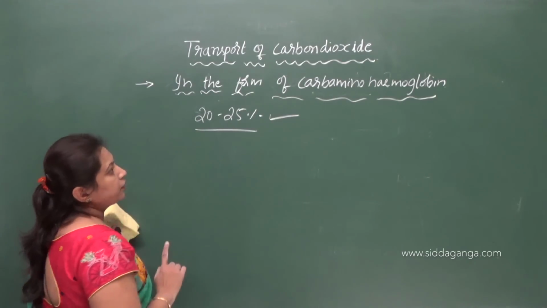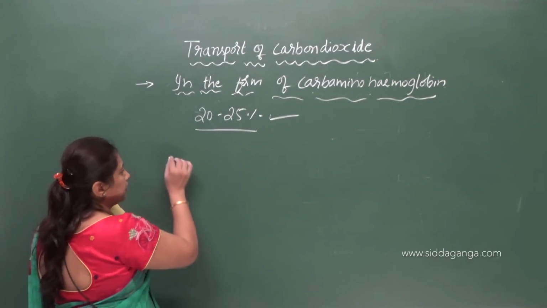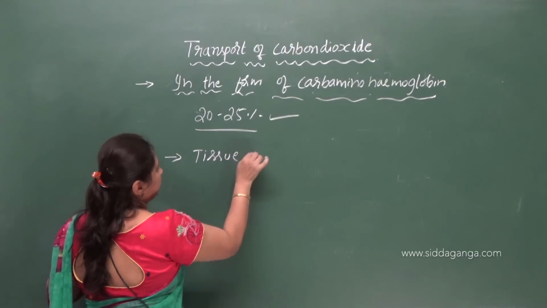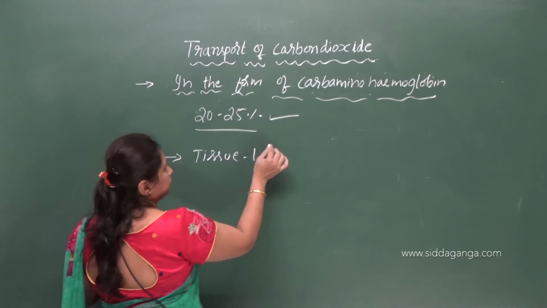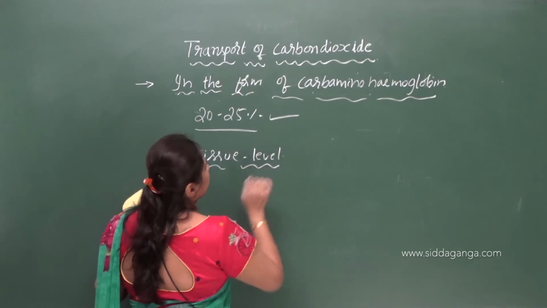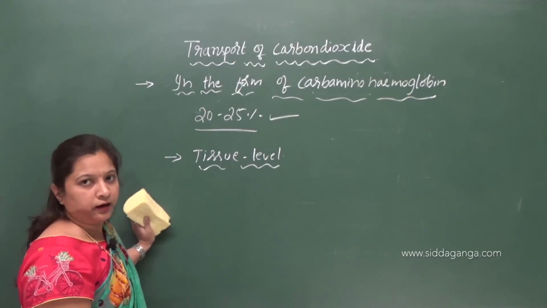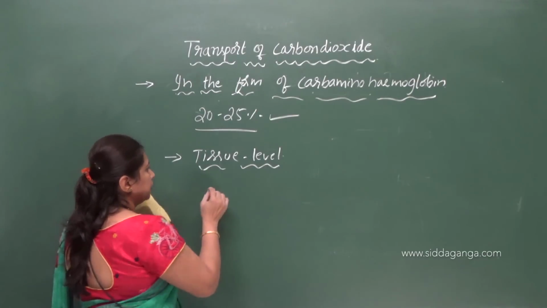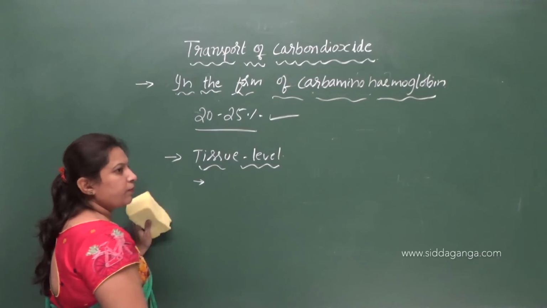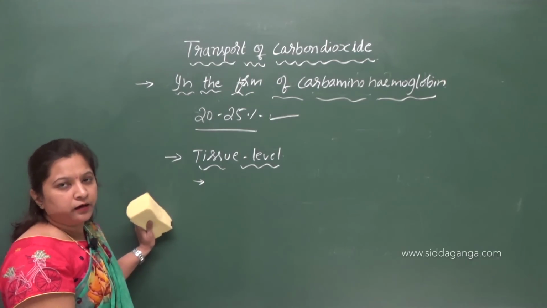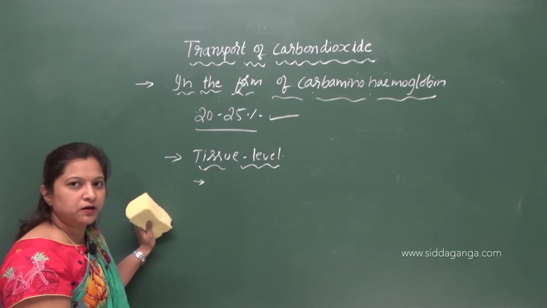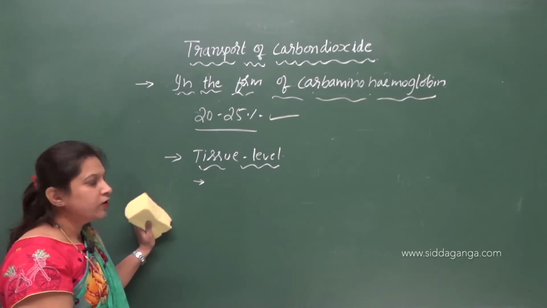This formation of carbaminohemoglobin occurs at the tissue level, and it is because of two factors. At the tissues, what is the partial pressure of carbon dioxide? It is 45 millimeters of mercury. And the partial pressure of oxygen? It is 40 millimeters of mercury.